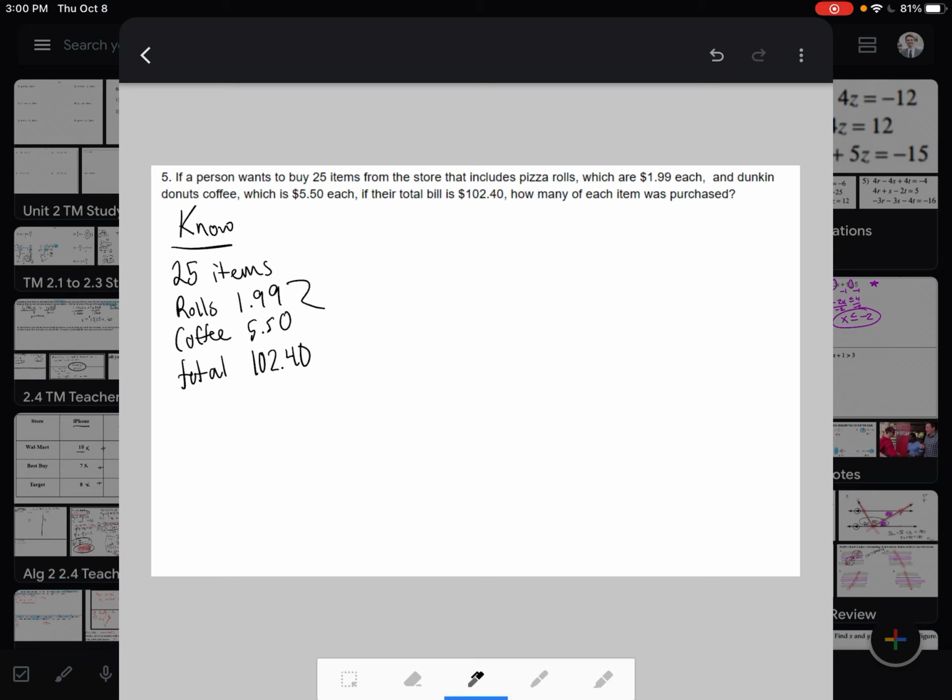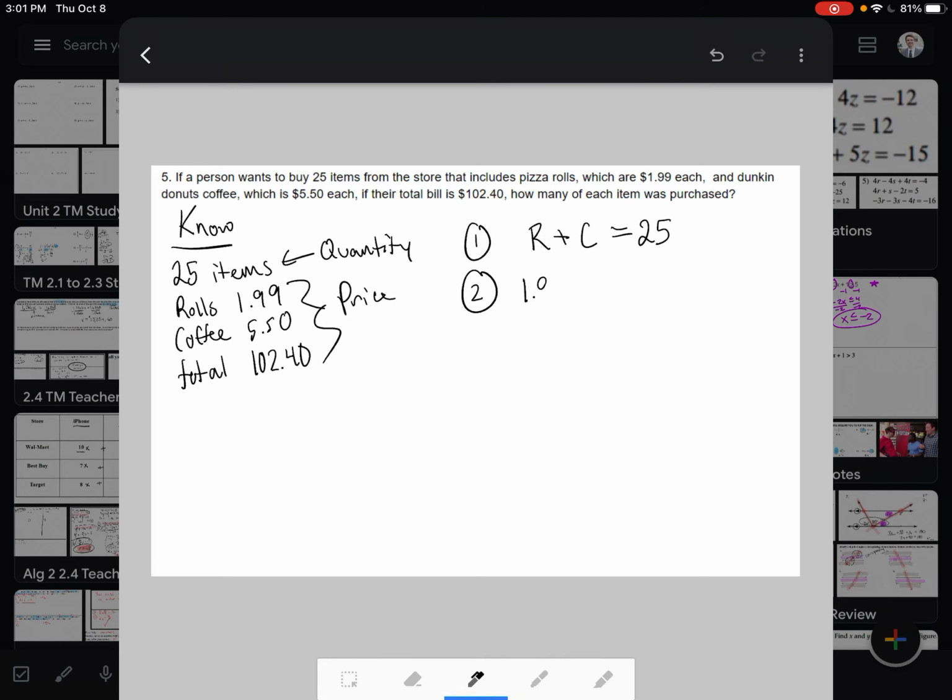So again, if we were to sort this information, we see some price information and we see some quantity information here. So we should have enough information for two equations, a price equation and a quantity equation. For quantity, we're going to buy rolls and we're going to buy coffee, and in total, we'll have 25 items.